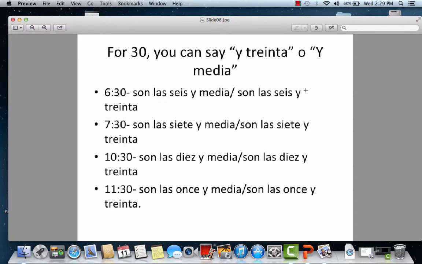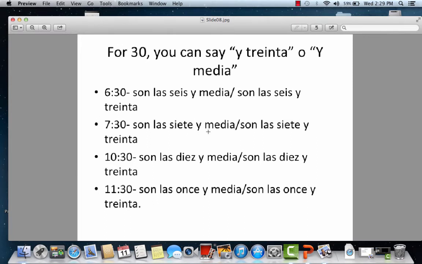Both Spanish and English have two ways to tell time when the clock hits the 30-minute mark. Let's take a look. Son las 6:30 would be the equivalent to English when we say it is half past the hour. Son las 6:30 would mean 6:30.